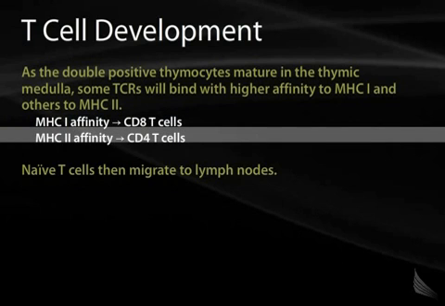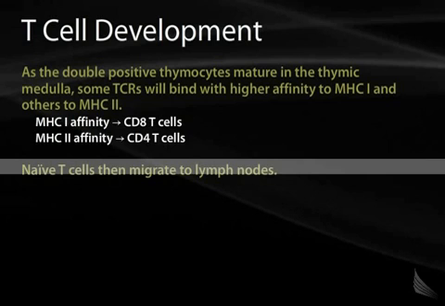Those that bind with a higher affinity to MHC class 2 will mature into CD4 T cells. Once they've matured, now we've tested them, we've made sure that they're the middle-of-the-road T cell receptors, and we've decided which ones they like better, MHC1 or MHC2, and so we've determined whether they're going to be CD8s or CD4s. Then they can now leave the thymus as naive T cells and migrate to lymph nodes.